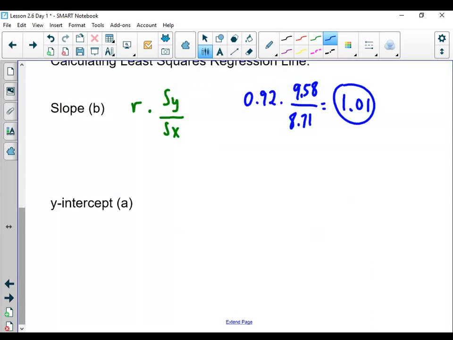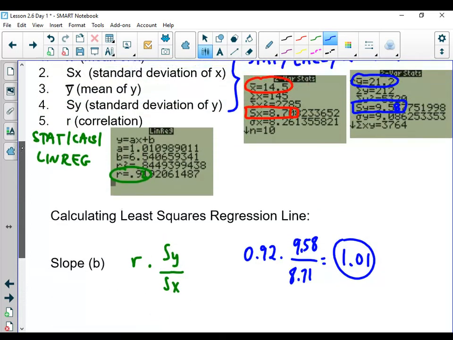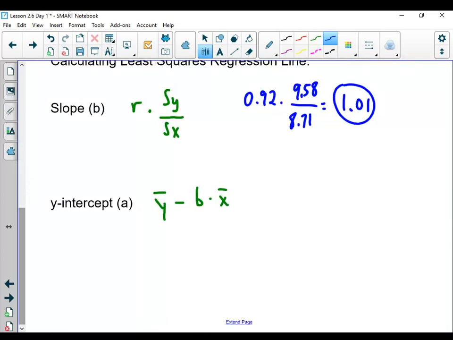Now to find the y-intercept, we're going to start with y bar. And then we're going to take away from that the slope that we just found, the b value, times x bar. So again, I have to go back to where those values are. So y bar was 21.2.